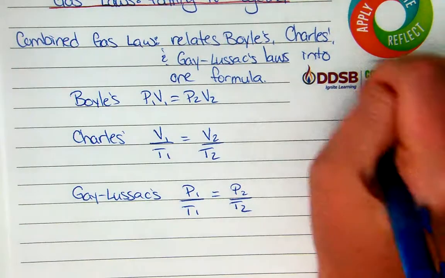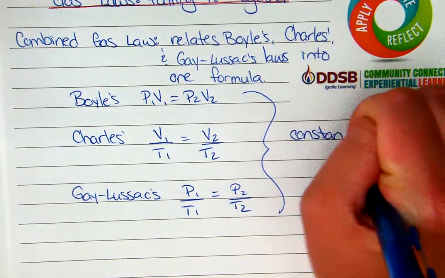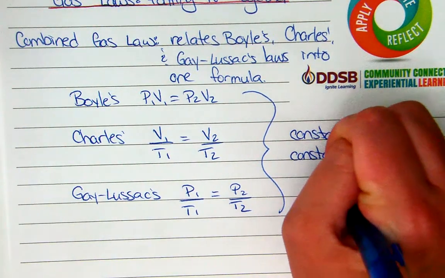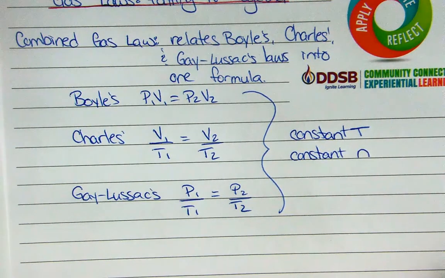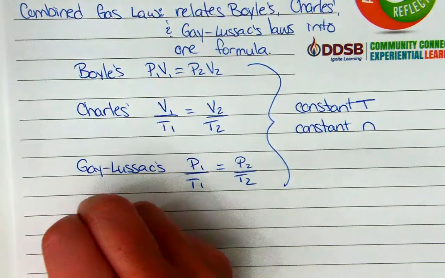Now together, all of these have a constant temperature and a constant amount of gas, so a constant number of moles. That means we can put it into the combined gas law.